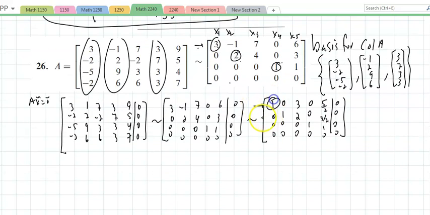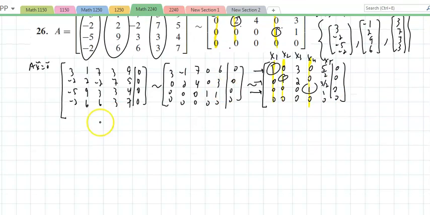Again, you'll notice. Do you notice? The pivots don't change. And now what? Now, x sub 3 is free.